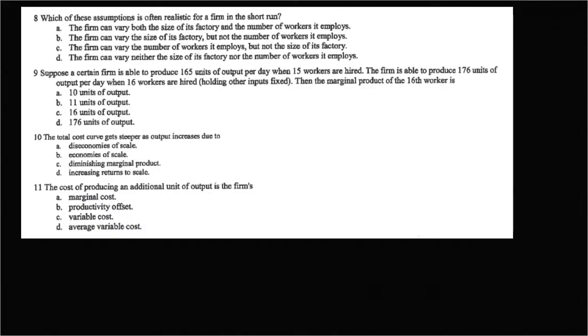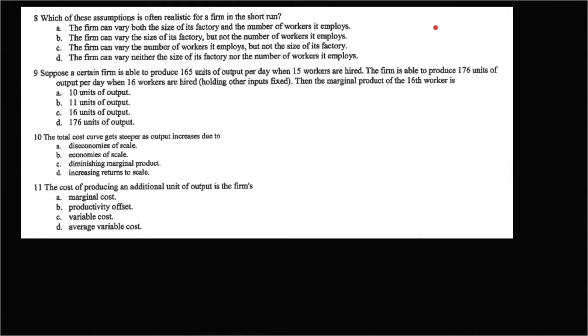Alright, so which of these assumptions is less than realistic for a firm in the short run? So, a firm in the short run. The difference between a short run decision and a long term decision.